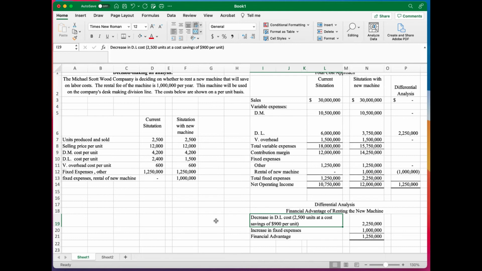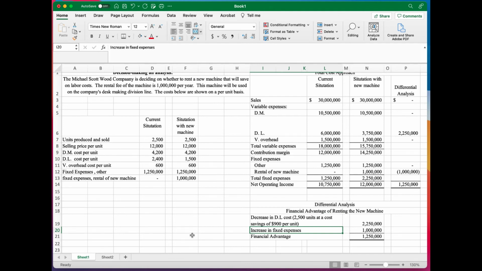Regardless of the situation, I'm still producing 2,500 units. The cost savings of direct labor is $900 per unit. All I need to do is multiply the number of units produced by my cost savings of $900, and I get $2,250,000, okay?